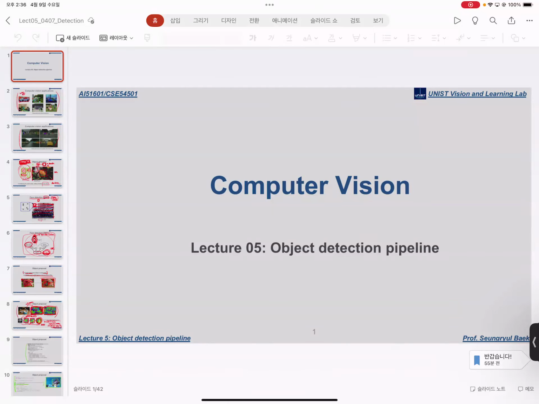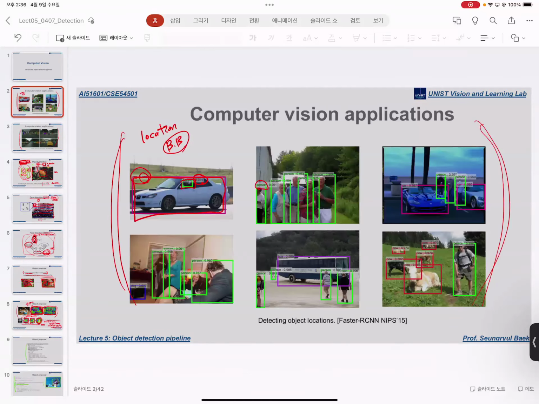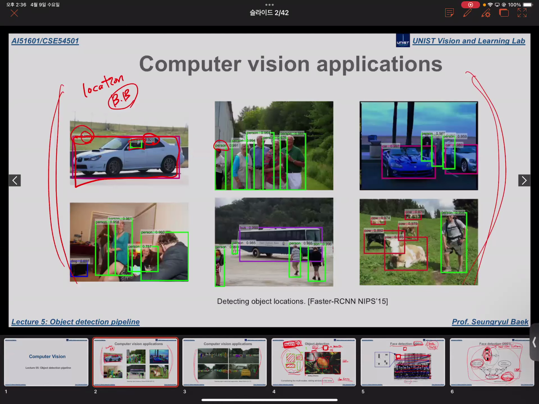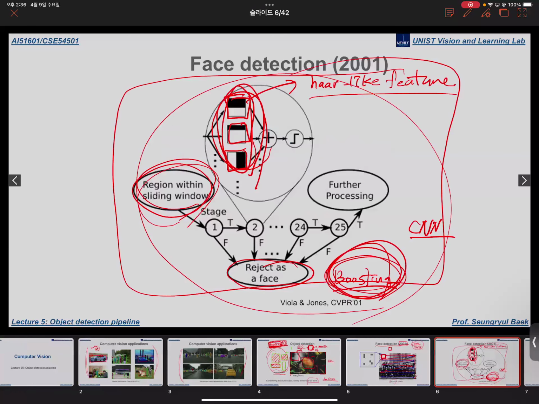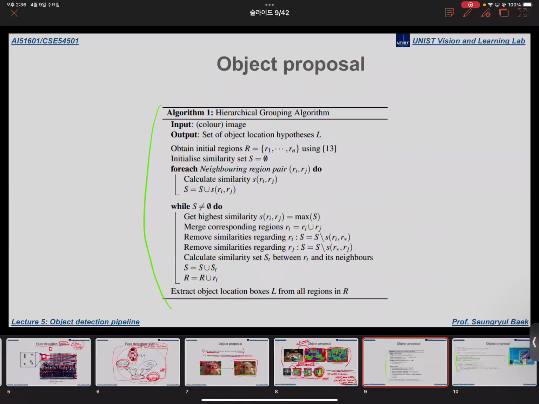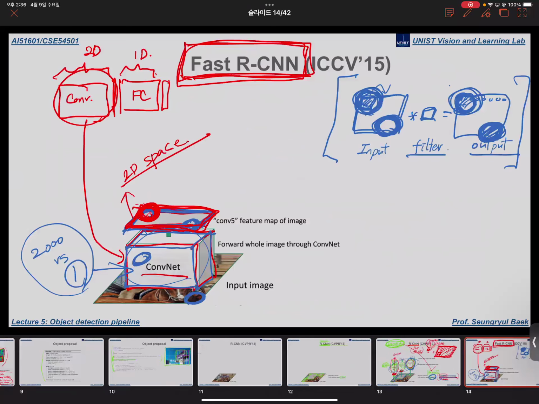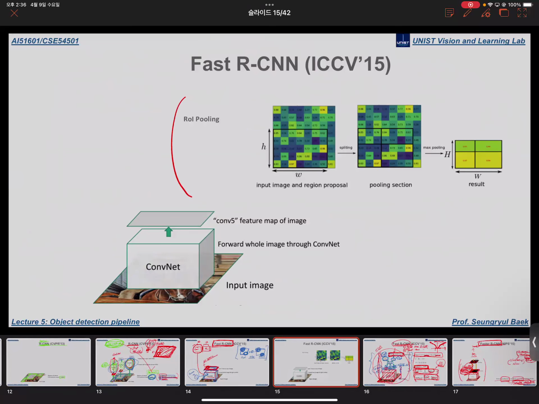Okay, so we are learning the object detection pipeline. And we have learned the RCNN pipeline, which is the early object detection pipeline. And I think I missed this part.